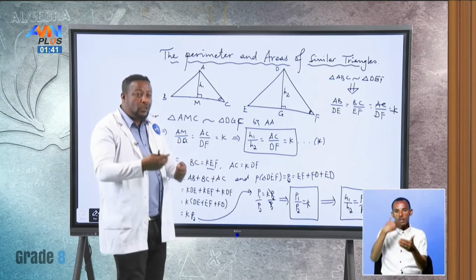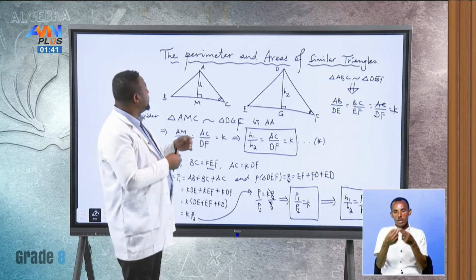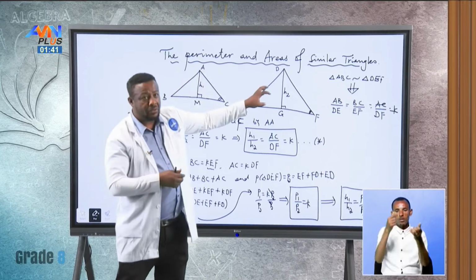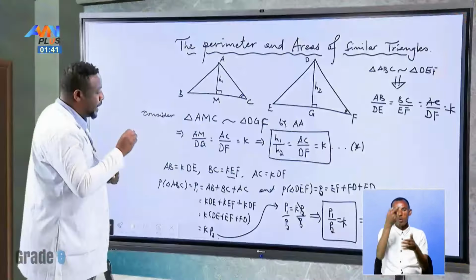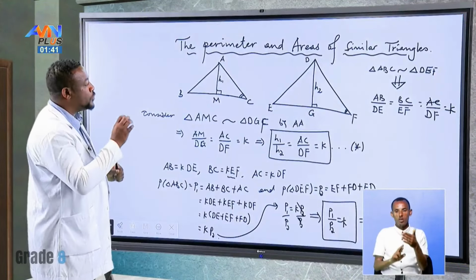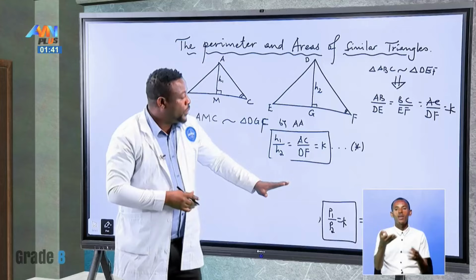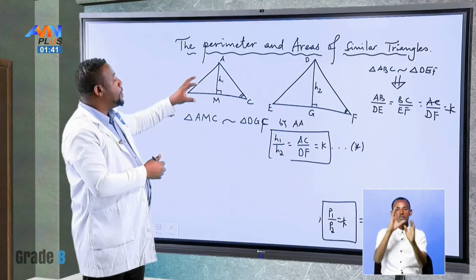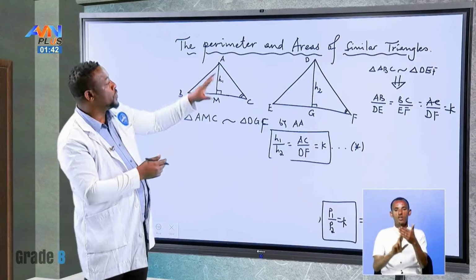Next, I will show you how we can derive the relationship between the areas of these two triangles. So now let's see what the ratio of the areas of these two triangles looks like. Here we already have a certain relationship. Now let's determine the ratio of the areas of the two triangles.